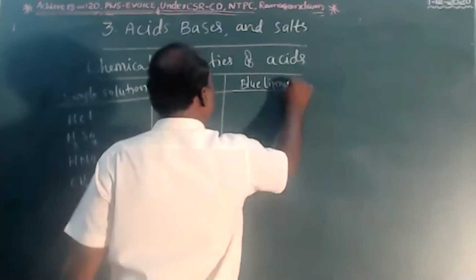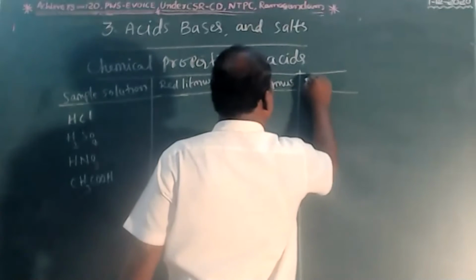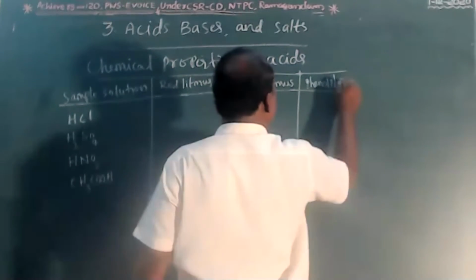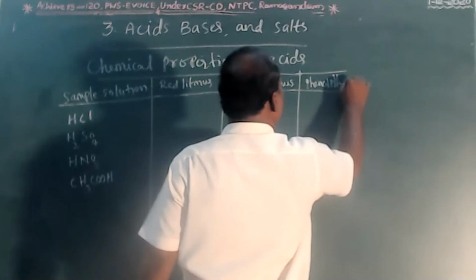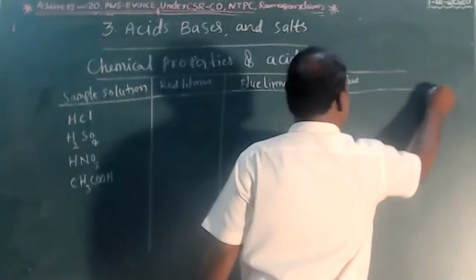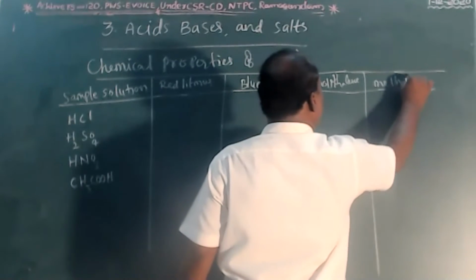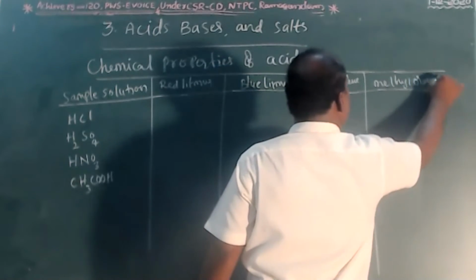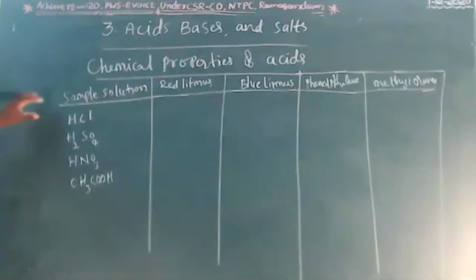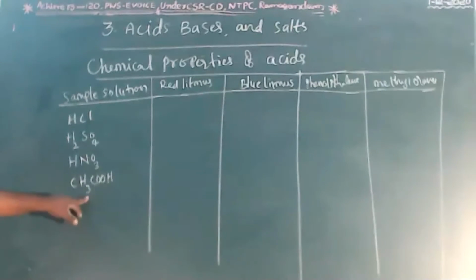Blue litmus. Phenolphthalein indicator. Methyl orange. So now these are the samples: acids HCl, H2SO4, HNO3, and CH3COOH.